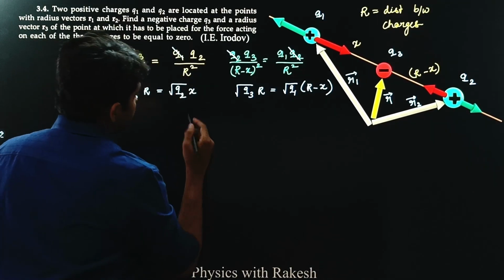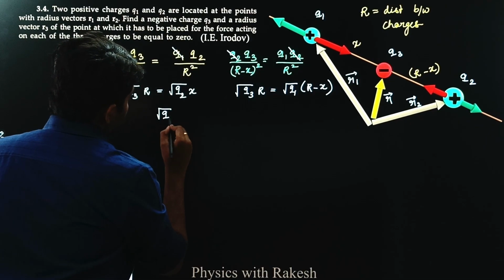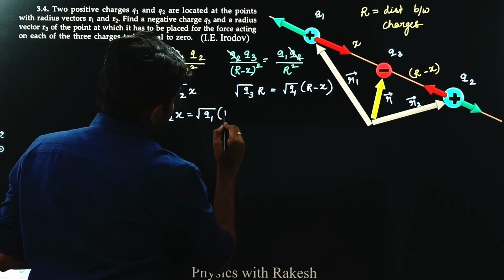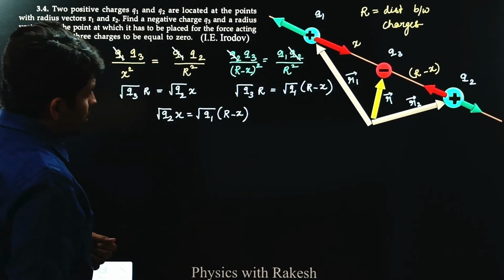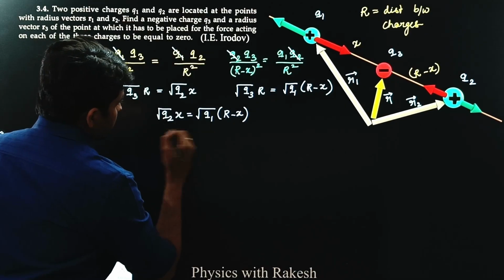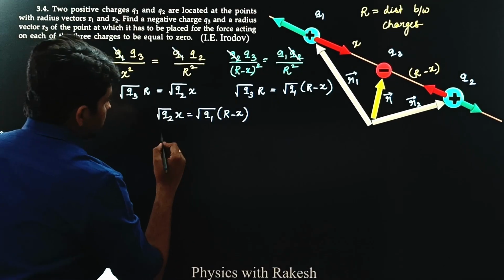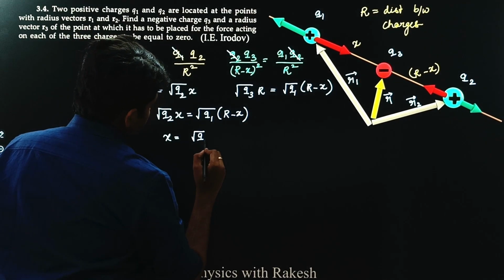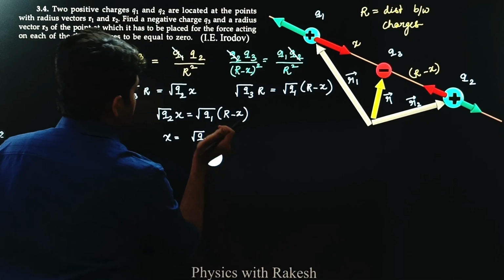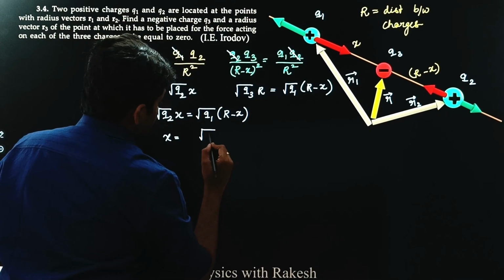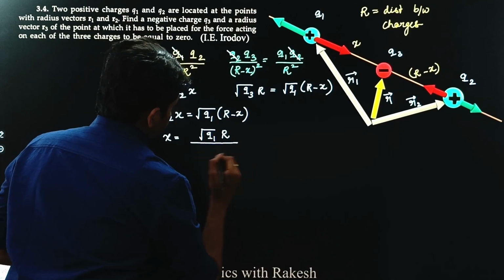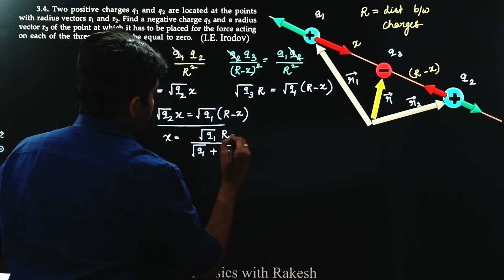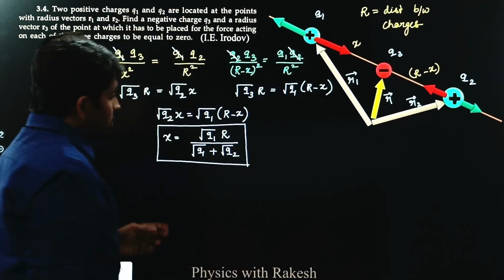I can equate root q2 x equal to root q1 into r minus x. So x will be what? Tell me. I can bring this here. So x will be equal to, just a minute, this will be the value of x.